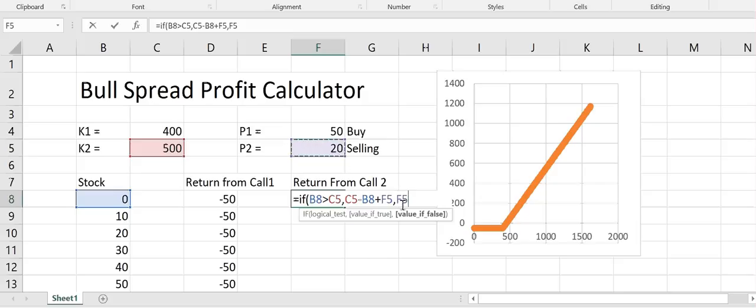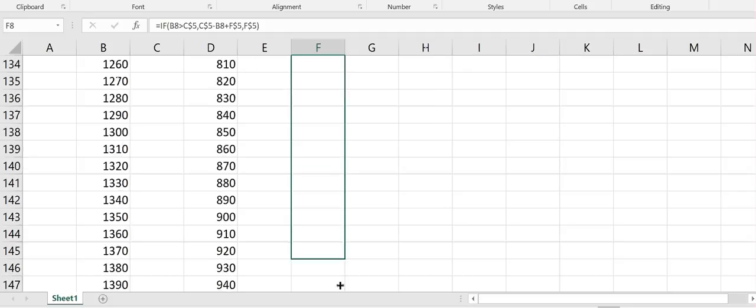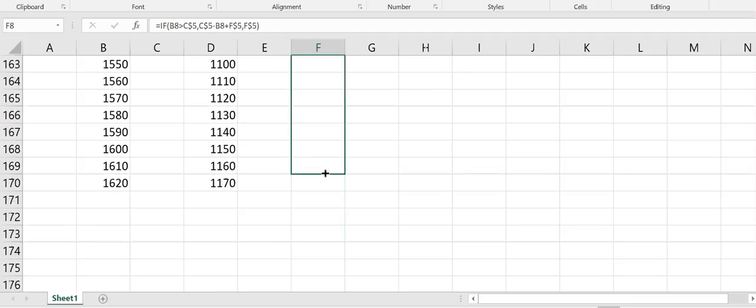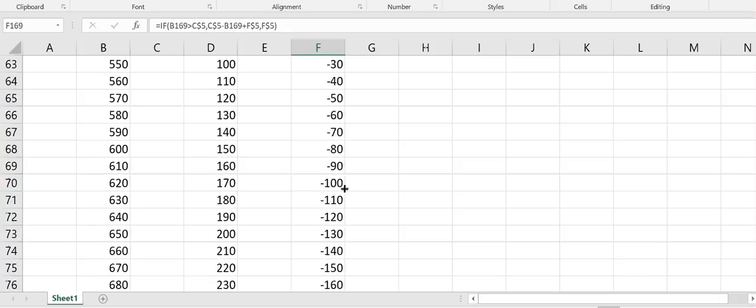And again we have to put the dollar signs so the references won't change in the cells. So we have dollar signs, then dollar signs for C5, and now you can see if we do the same thing, let's check this out.